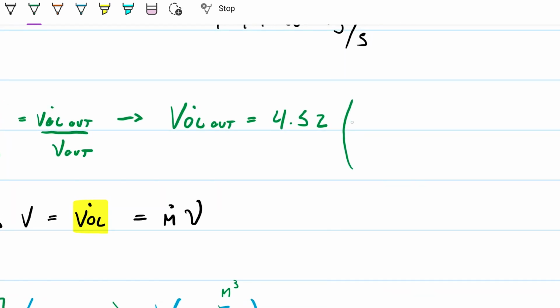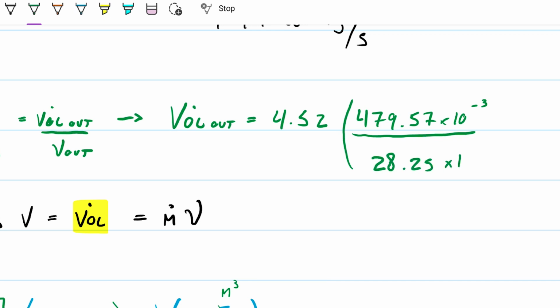So that will be the 479.57 times 10 to the minus 3, divided by the 28.25 times 10 to the minus 3.